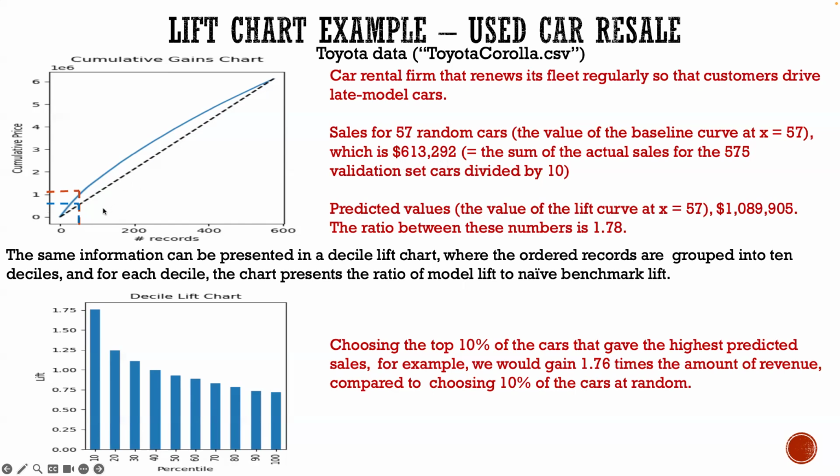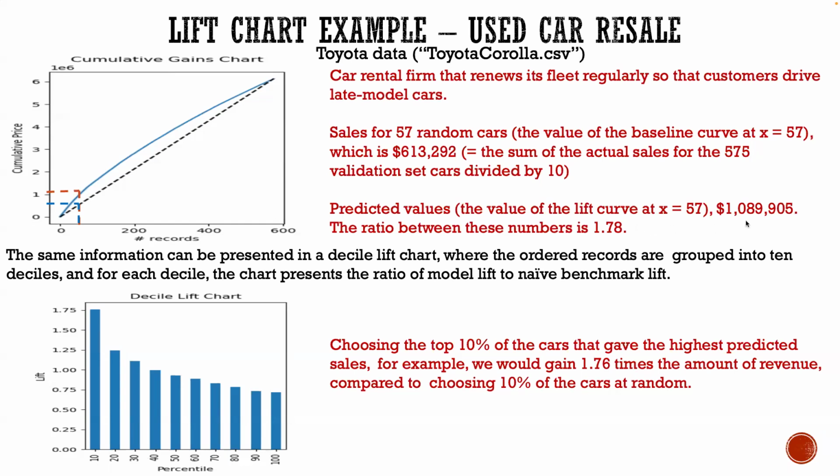But if they were to use the data mining model that is there, it lifts up this curve such that it can fetch them, for those 57 properly selected cars, not randomly selected, but the ones selected through the data mining model, $1,089,905.